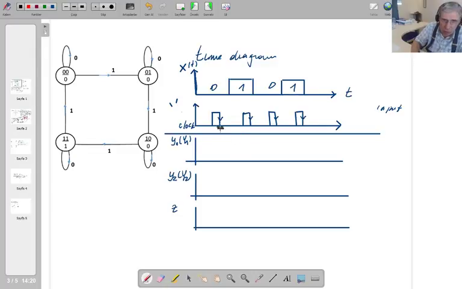My sequential circuit is going to work on this edge, maybe on this edge. This is not a straight line. I made a mistake, but I can correct it now.